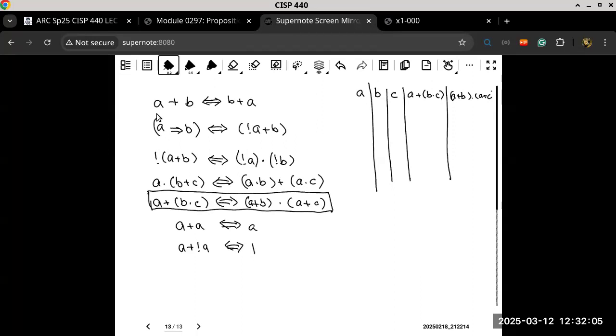The if and only if can only be shown when we look at these two columns and they end up with the same value for every single row.